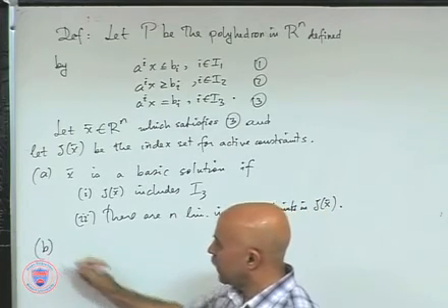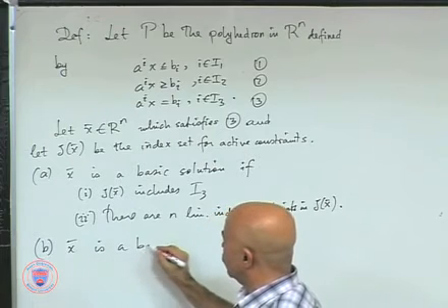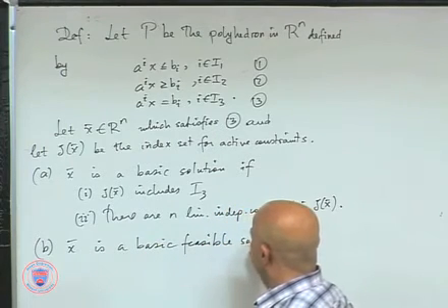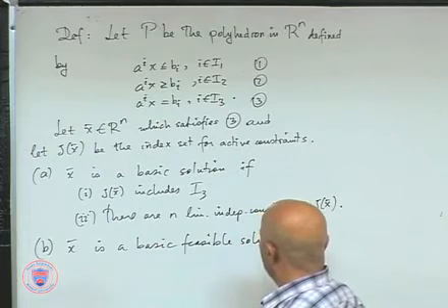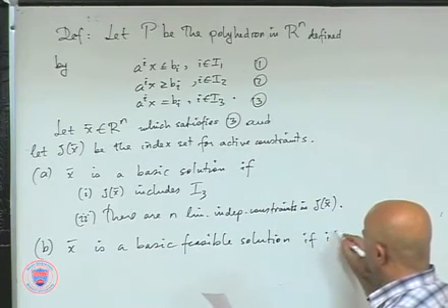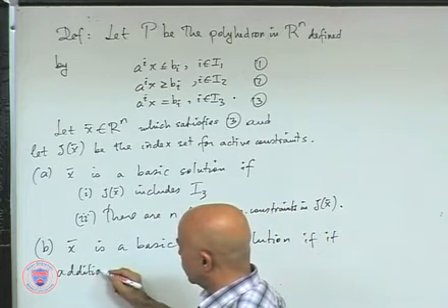Part C, X bar is a basic feasible solution if it additionally satisfies all the remaining constraints.